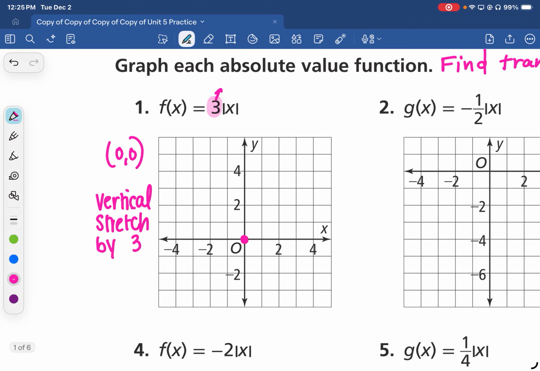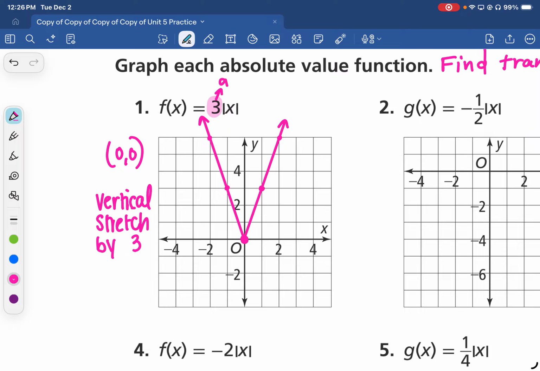I guess we'll do number 1 together. Okay, so what transformations are happening in number 1? Down 5. So we're going to put down 5. Then what would our vertex be? 0, negative 5. And so that's all we have to do for that. We put our transformation and we put our vertex.